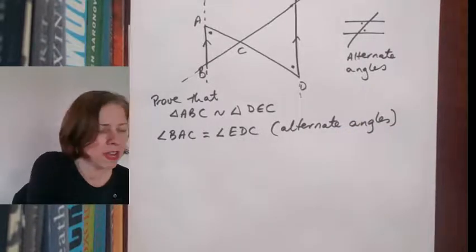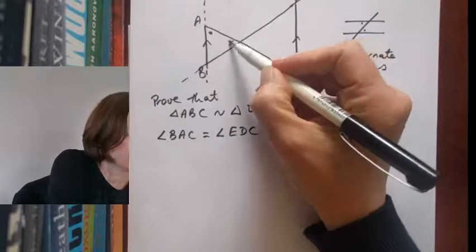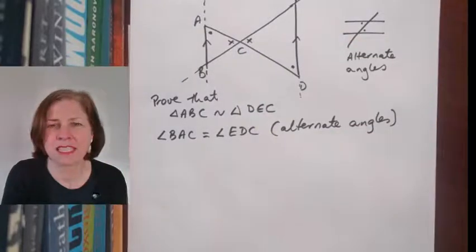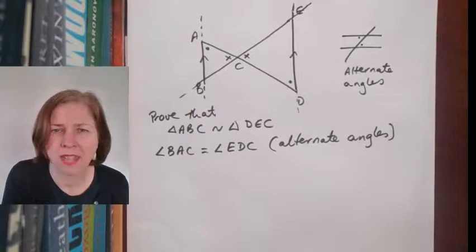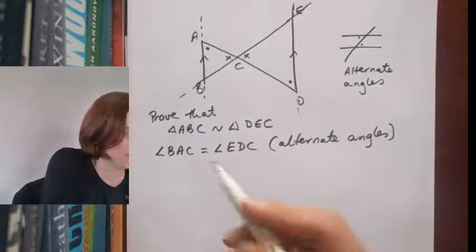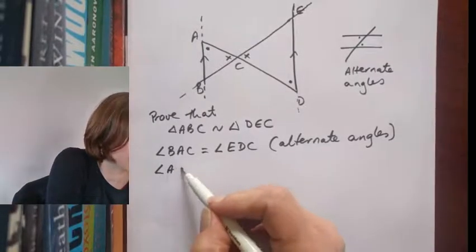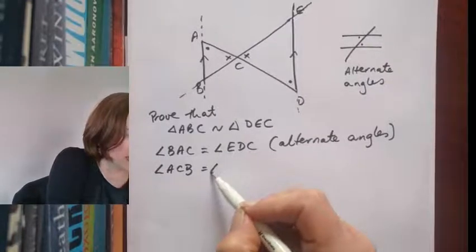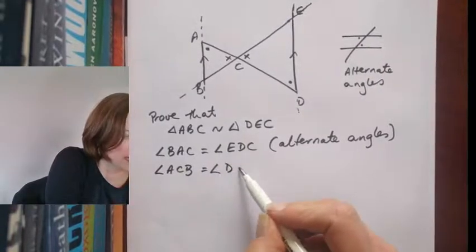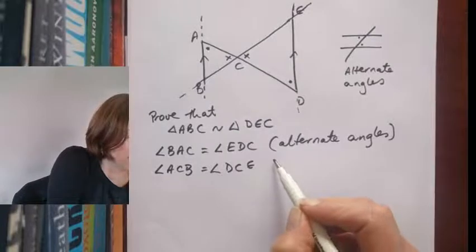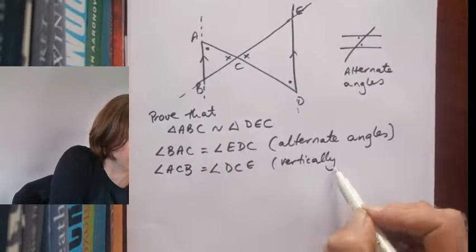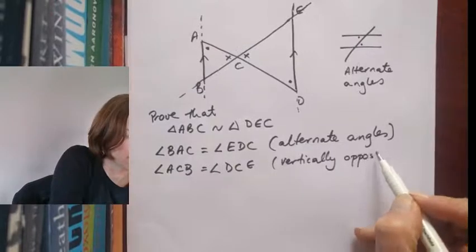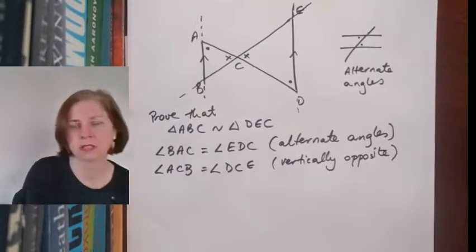Now here's another pair of angles that are equal, these ones here. That's because they're vertically opposite angles. So I'm going to write that down. Angle ACB equals angle DCE. I'm giving a reason: vertically opposite.